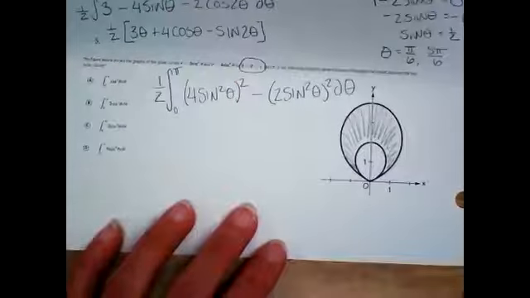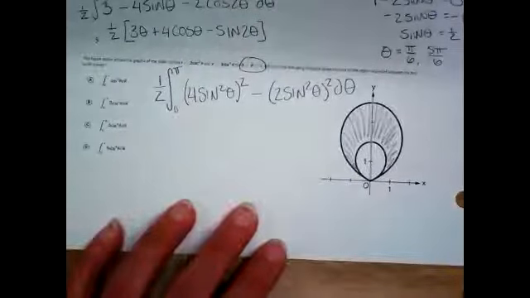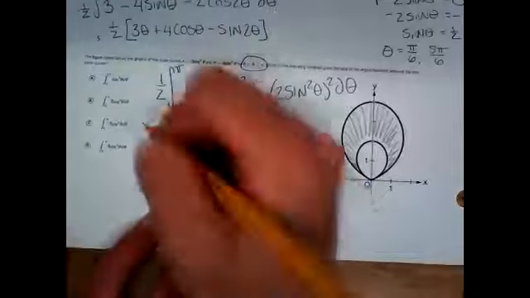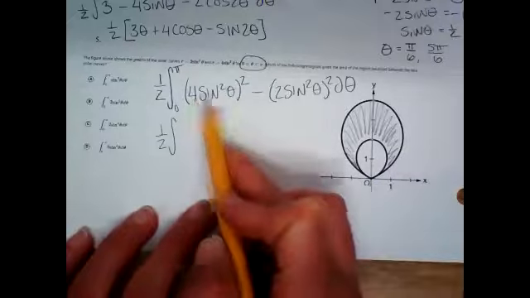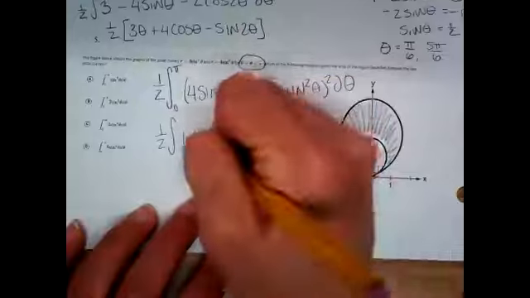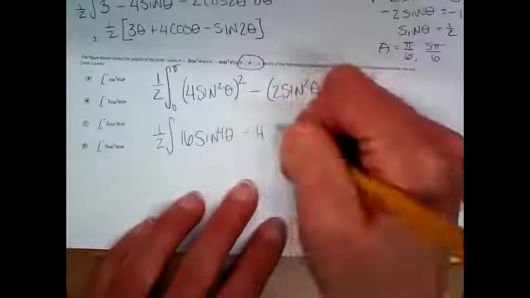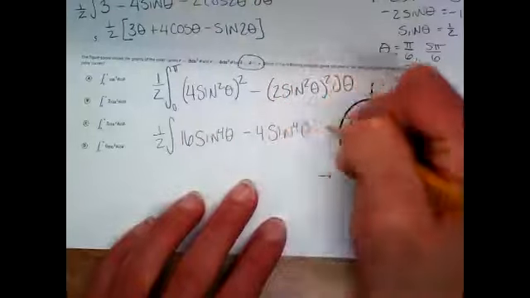Do you remember when we did the washer method, or like everybody calls it the donut method? You had the outer one minus the inside one. It's just like that. But now we're going to simplify this down. So this would give us what? 16 sine to the 4th minus, and then 2 squared is 4, so 4 sine to the 4th.